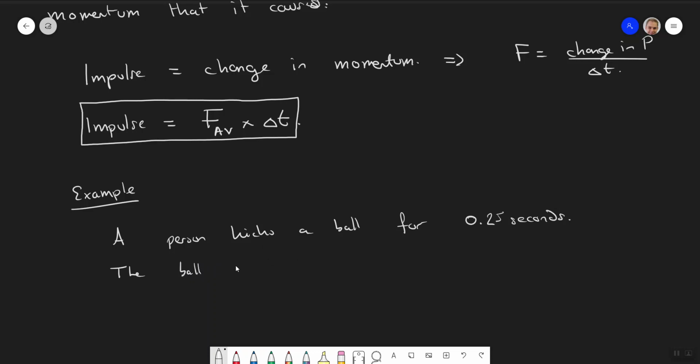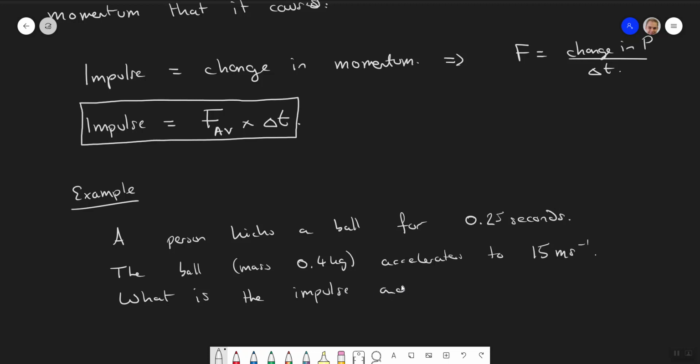The ball, let's give it a mass of 0.4 kilograms, accelerates to 15 meters per second. We could ask what is the impulse and the average force.